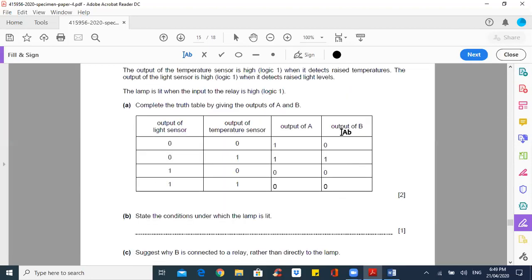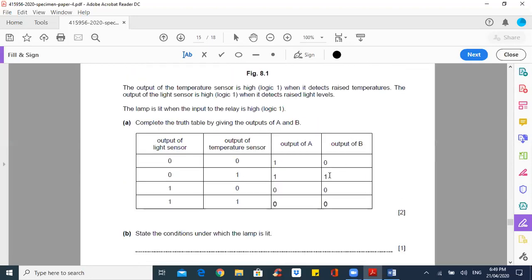When it has a relay output of 1, that's B. They said here, the output of the temperature sensor is high when it detects raised temperature, and the output of the light sensor is high when it detects raised light level.